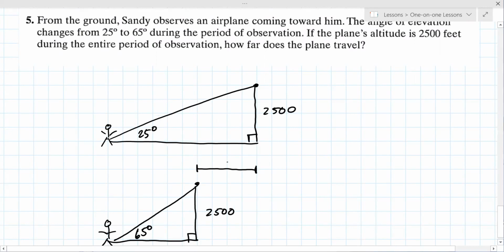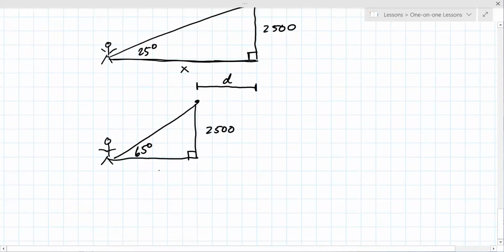So we're trying to find this distance here. If you know this length right here, which I'll call X, and if you know this length right here, Y, then D is equal to X minus Y.